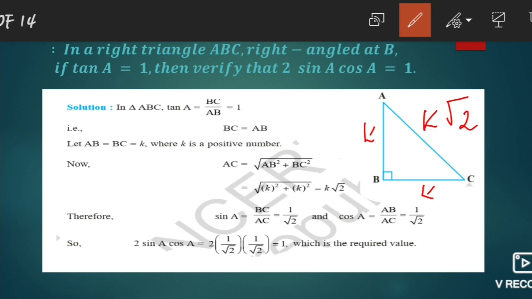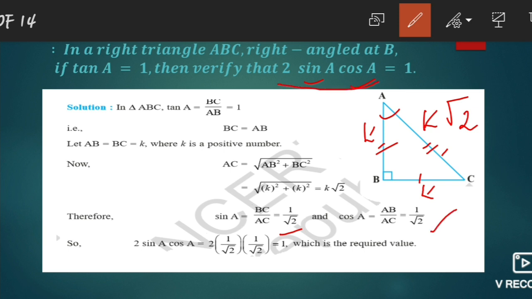Now we will find the value of sin A and cos A. This is the acute angle. So sin A will be opposite by hypotenuse, that is K by K root 2, that is 1 by root 2. Similarly, cos A will be AB by hypotenuse, that is K by K root 2, which is also 1 by root 2.